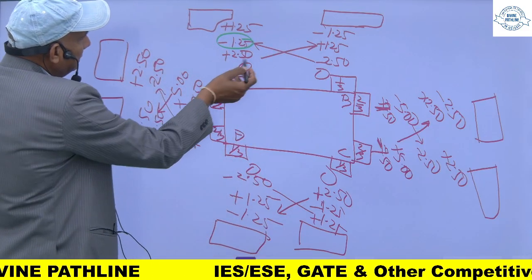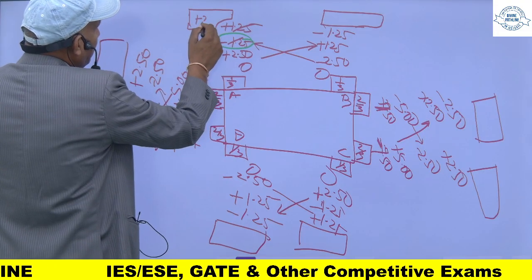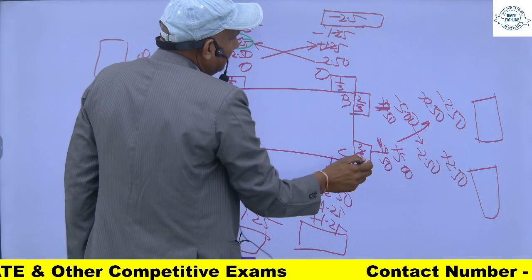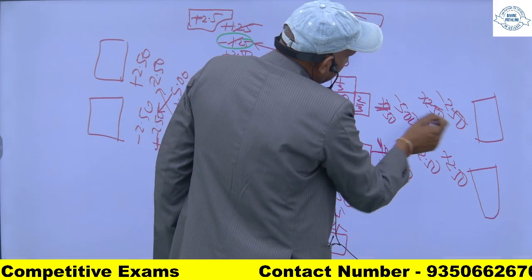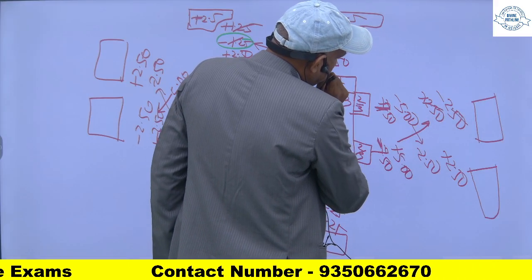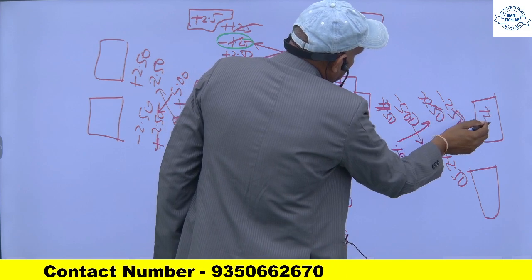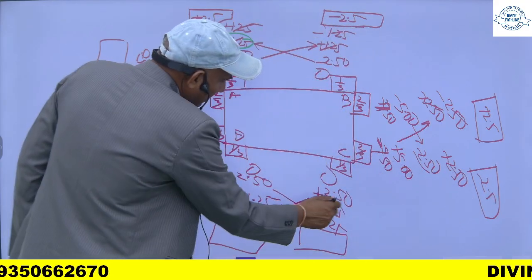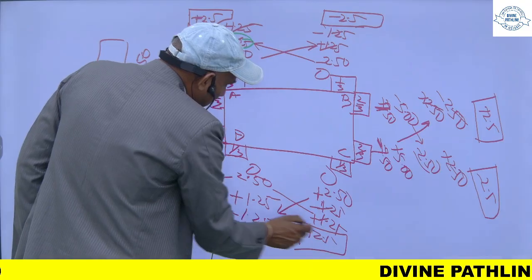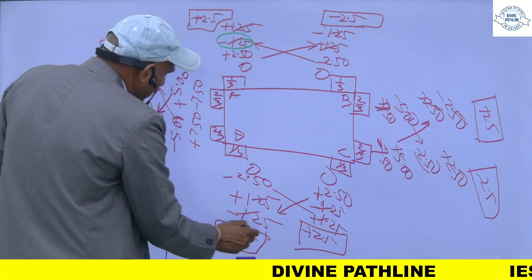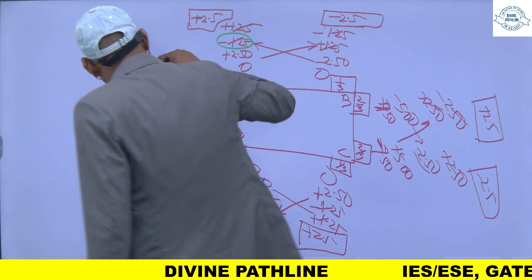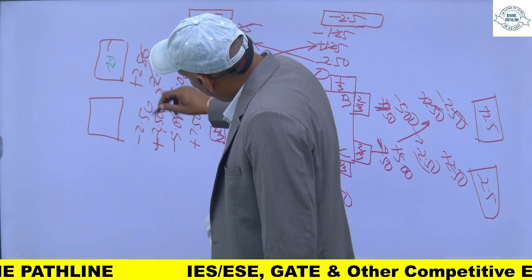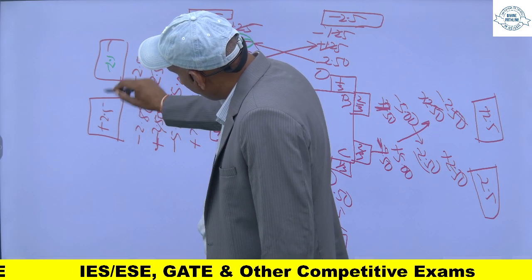If you see here this and this, it will be plus 2.5, minus 2.5, plus 2.5, minus 2.5, plus 2.5, minus 2.5, plus minus 2.5, plus 2.5.